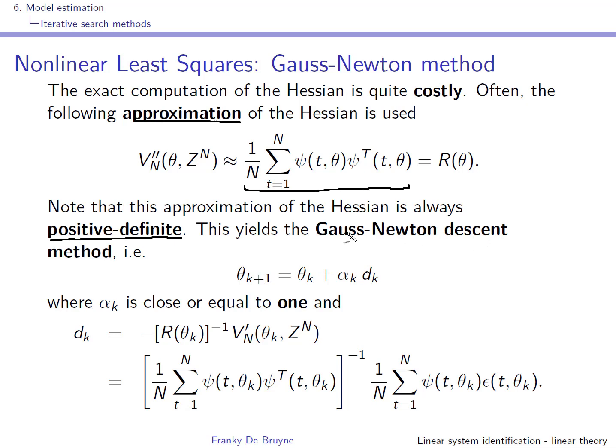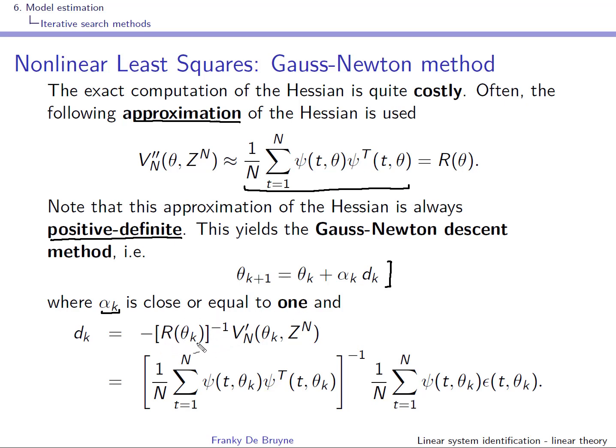This yields the Gauss-Newton descent method. The update equation is the same. Alpha k is chosen close or equal to 1, in general a little bit smaller than 1. In this descent direction we use this approximation: it's minus the gradient, with a correction by the inverse of this approximation of the Hessian.